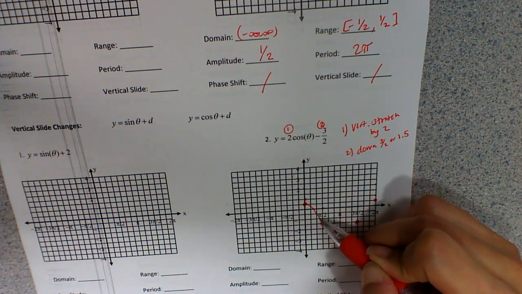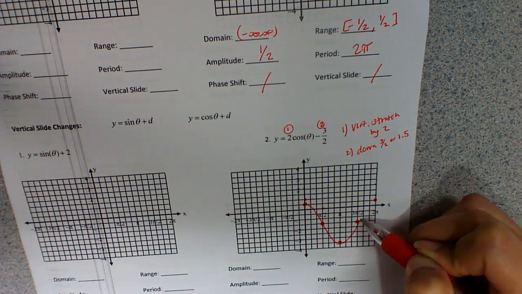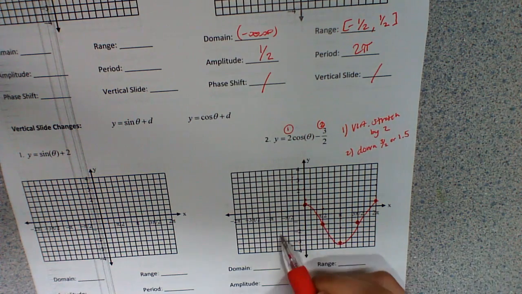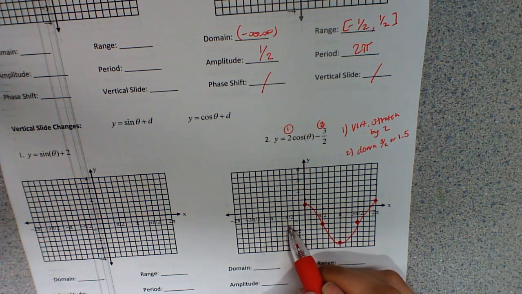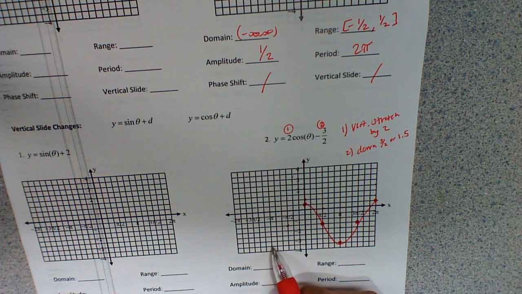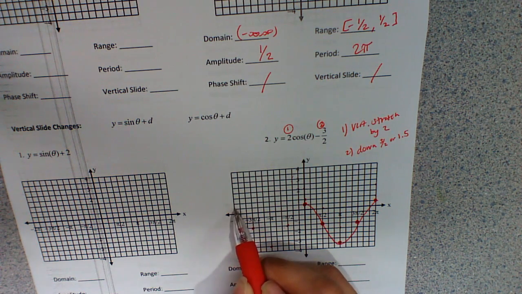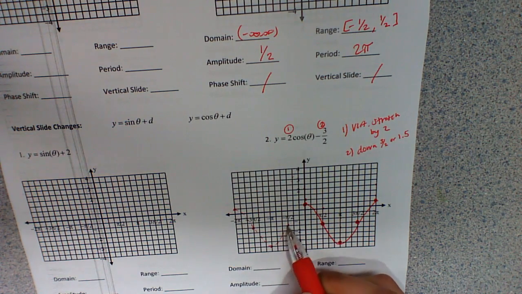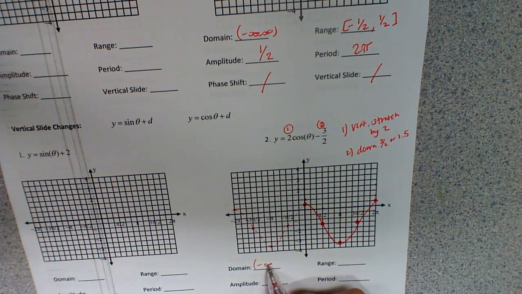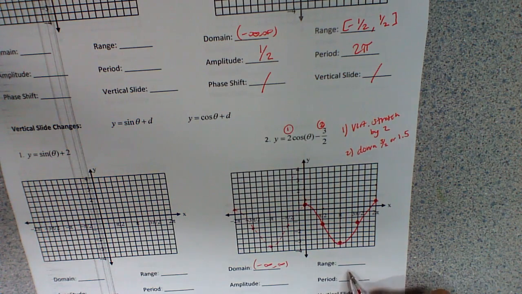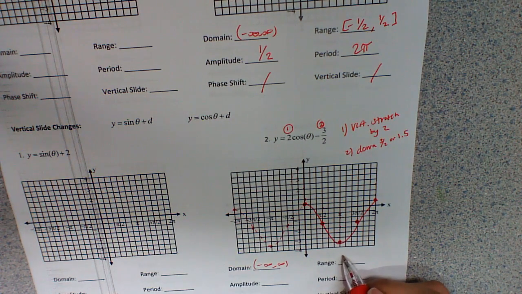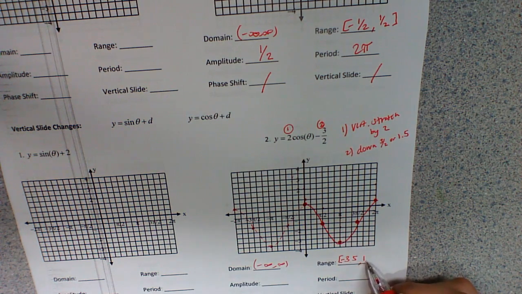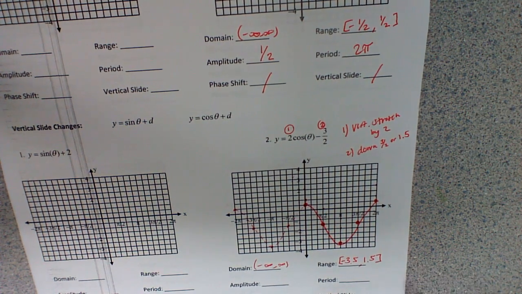And if I go ahead and connect those dots, this is the curve that I get, and it does, again, repeat on the left side. Just like so. Be very careful. Just like that. So I know my domain is all real numbers. My range is from -3.5 to positive 1.5.